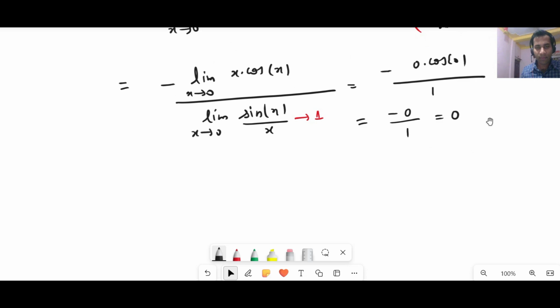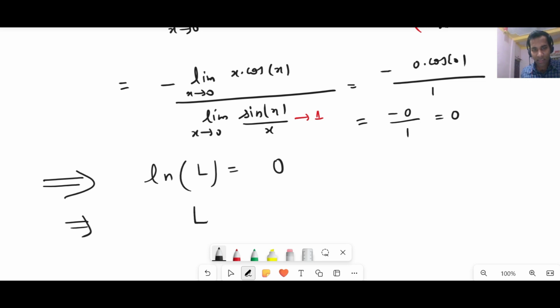So therefore the value of log of limit L is equal to 0. Now taking the anti-log on both sides, L is equal to e to the power of 0, that is 1.